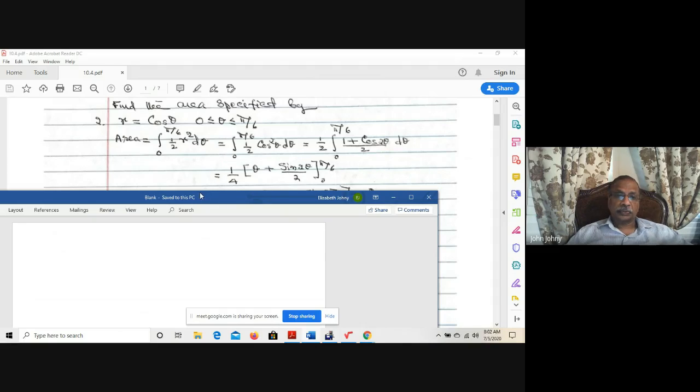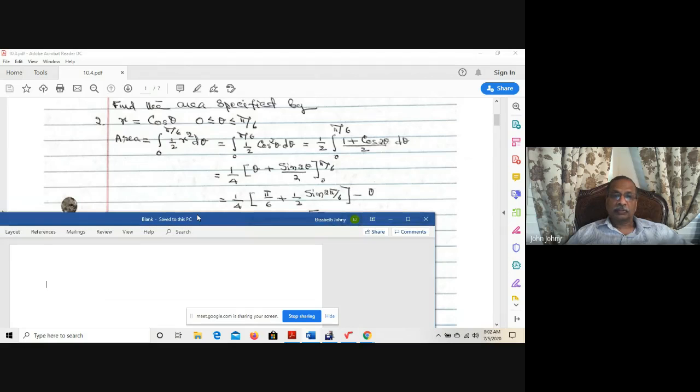Now substitute the limits. When you substitute the upper limit, it becomes 1/4 times (pi over 6 plus 1/2 times sin of 2 times pi over 6). 2 times pi over 6 is pi over 3, so this is sin pi over 3. When you substitute the lower limit, you get 1/4 times (0 plus sin 0).